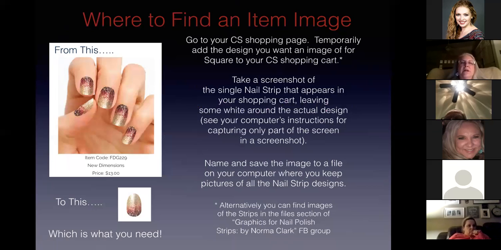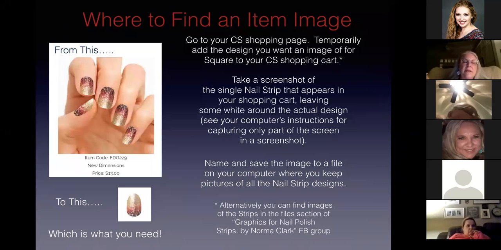So you'll go to the shopping page where it shows you the whole hand full of nails, and then you'll take a screenshot of the single nail strip that appears in your shopping cart after you've clicked on that. You want to leave some white around it.